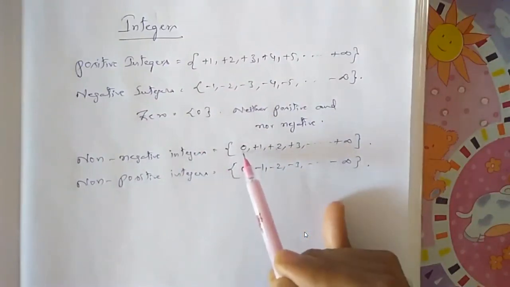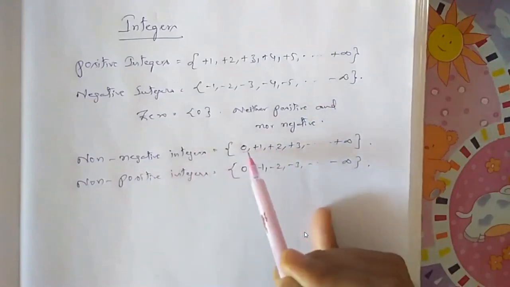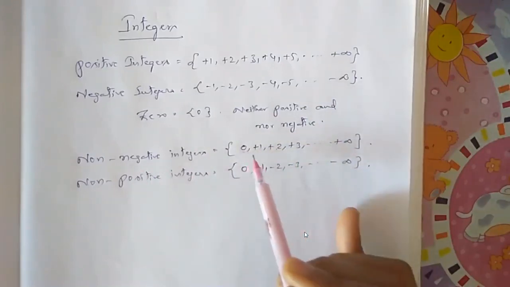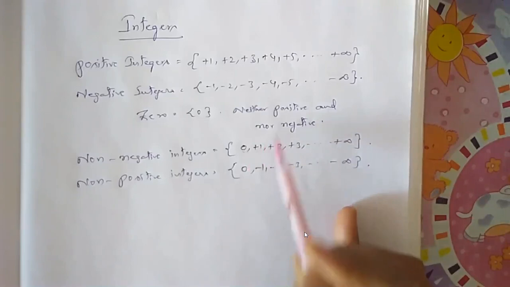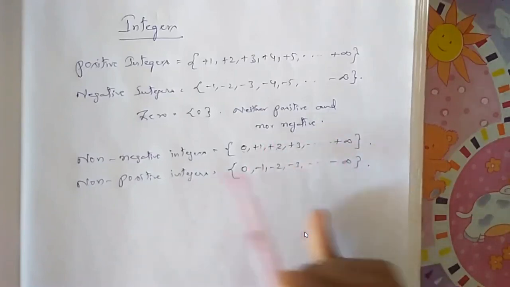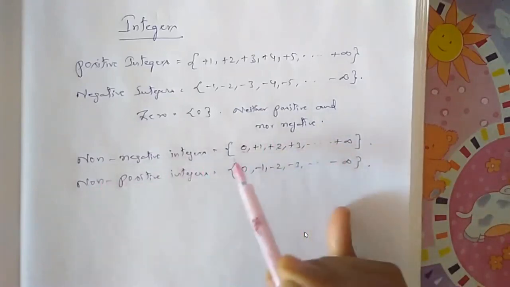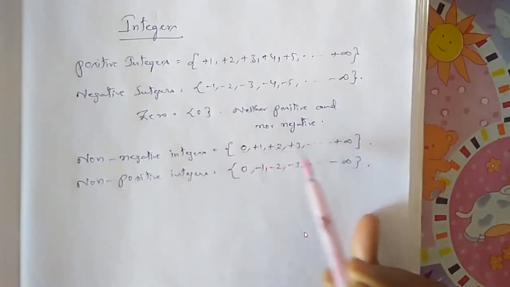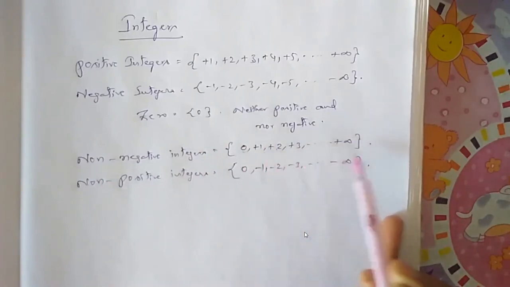First we write 0 which is neither negative. You know that 0 is neither negative and positive, so you can write this 0 in the non-negative integers also. 0 and remaining except all the negative numbers, remaining all positive integers also you can write in the set of non-negative integers, which is 0, 1, 2, plus 1, plus 2, plus 3 up to plus infinity.